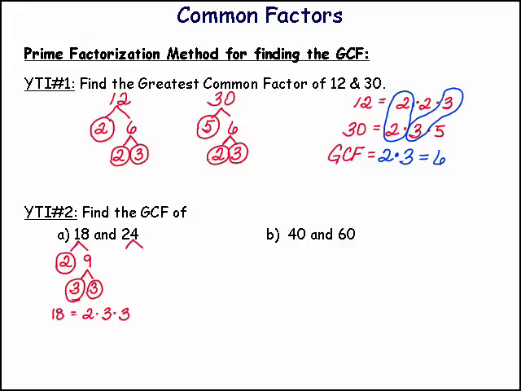How about 24? Well, for 24, we have many, many ways of getting 24. What two numbers multiply together to give you 24? Usually when I say that, I go, how about 3 times 8? Again, it doesn't matter how you start. You could have started down a different road. So 3 is a prime number.